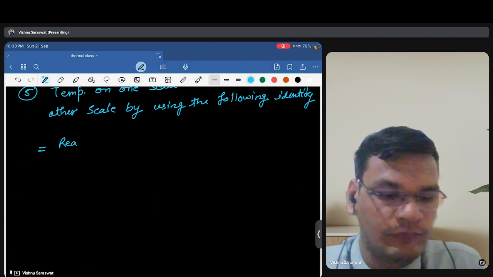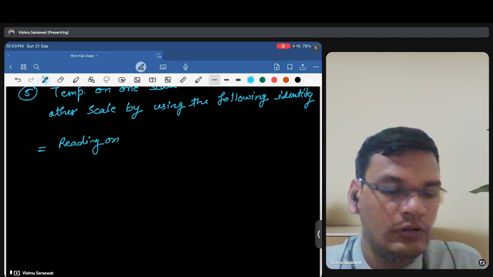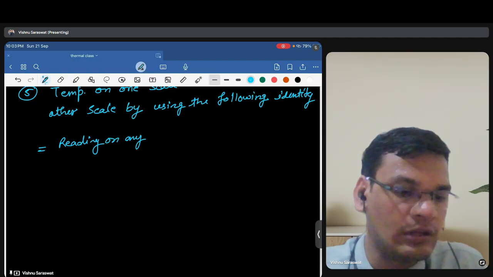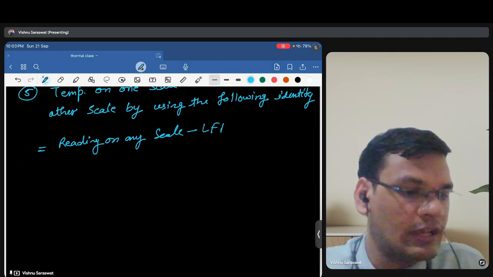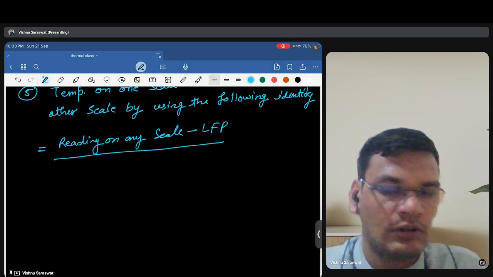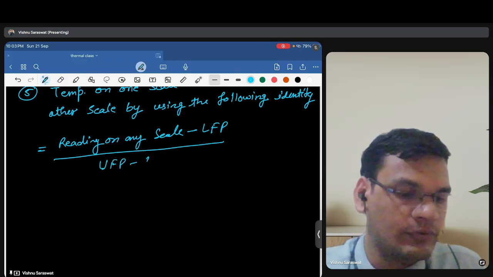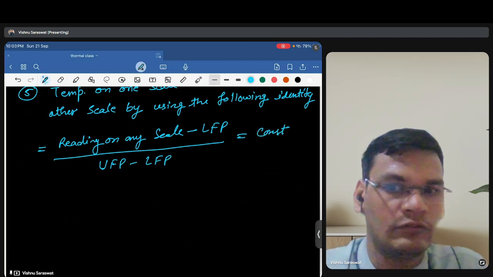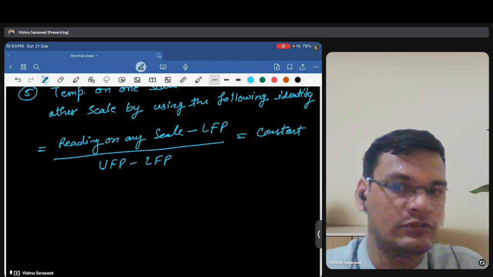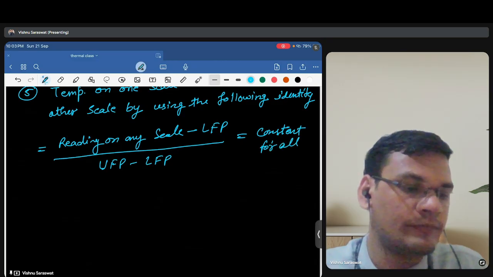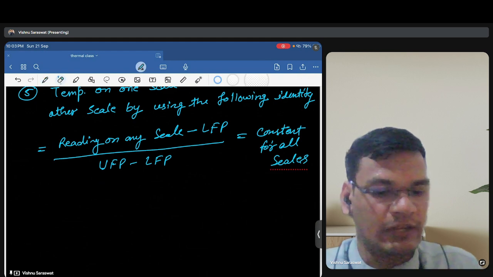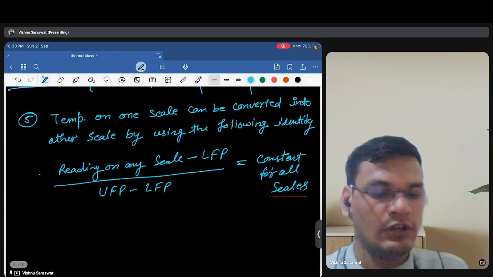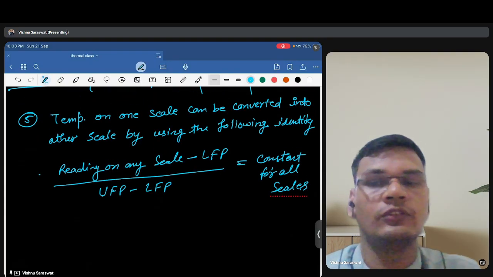The reading on any scale minus the lower fixed point, divided by the upper fixed point minus the lower fixed point, is equal to a constant for all scales, right?